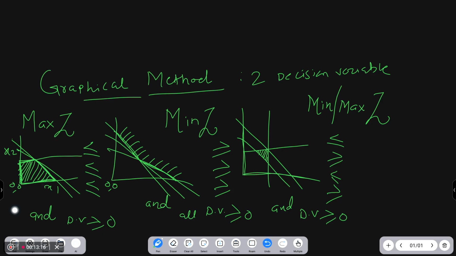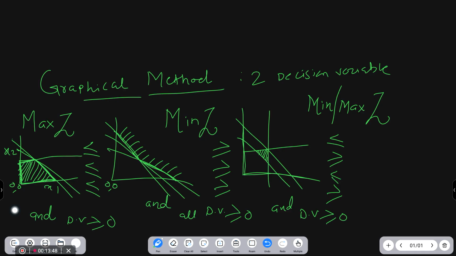If it's max and less than, your region must be towards the 0. If it is of min type and all constraints are greater than, then it should be completely opposite to the 0. And if it can be min or max, but my constraints are mixed, it should not be completely towards the x-axis or the y-axis, meaning 0 should not be anywhere in the solution.